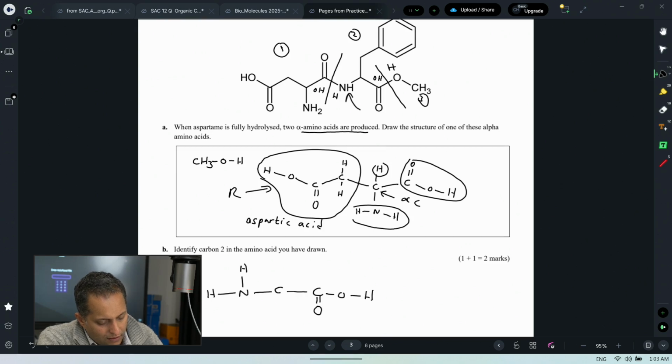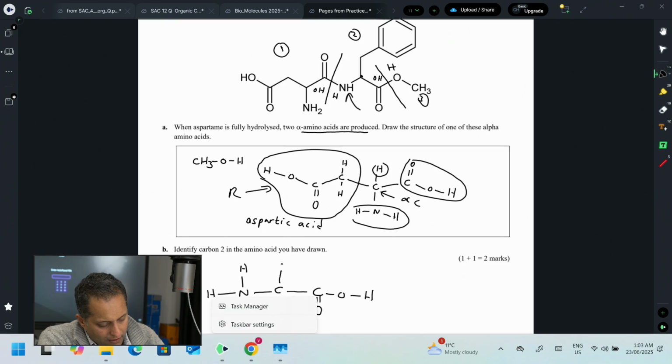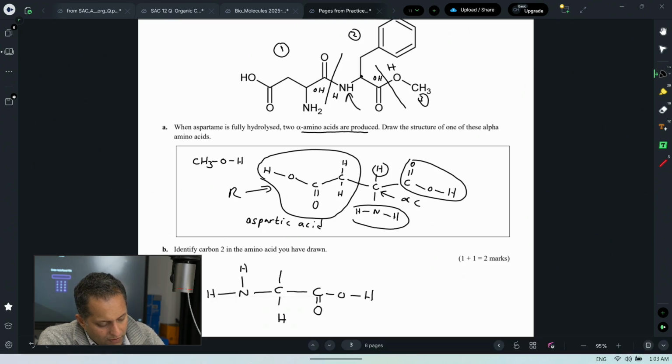So this carbon here has to have an H, and it is attached to CH2.